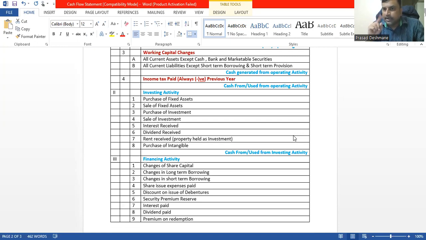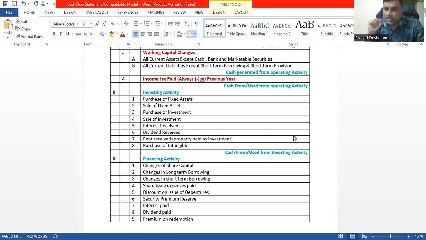Selling is not possible as per the cash flow statement. Selling of intangible not possible. As per the cash flow rules, they are saying intangible asset cannot be sold. That's why it's not going to be considered.